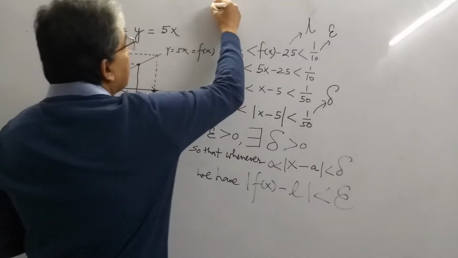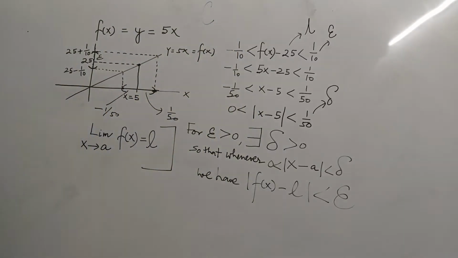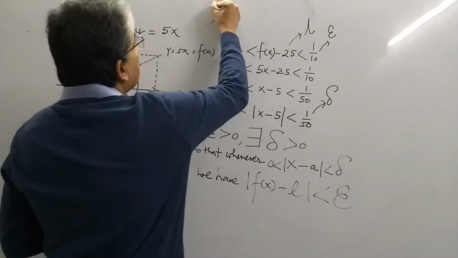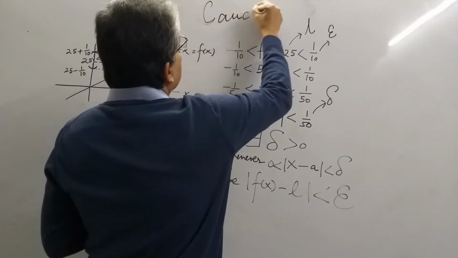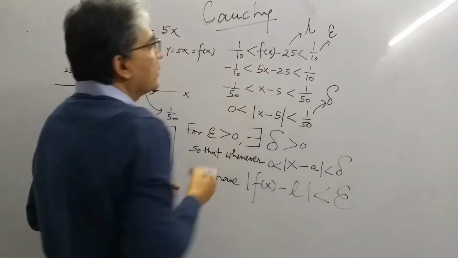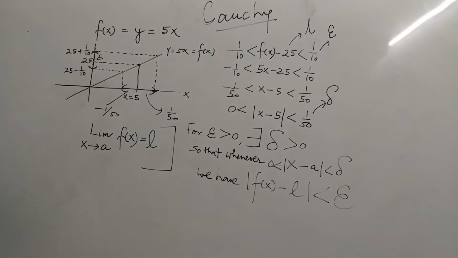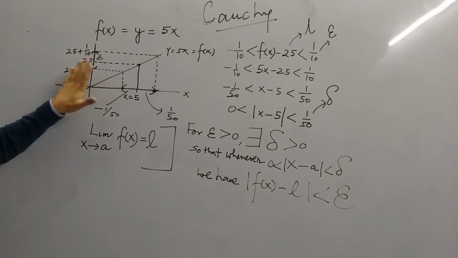This definition was given by the French mathematician. It is one of the celebrated definitions, and it is also used in higher mathematics, in analysis. Don't bother much about this, but at least you should have some feel of it.